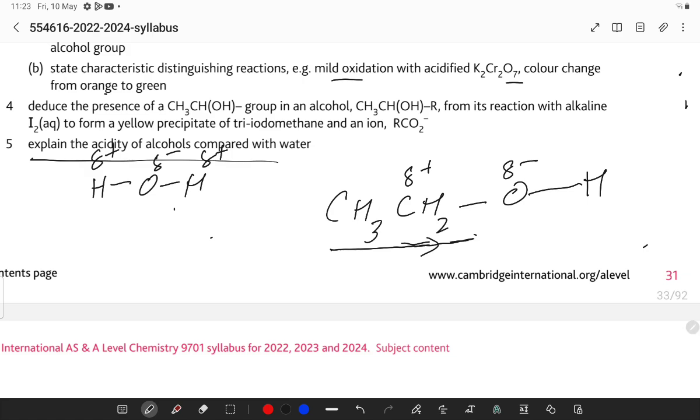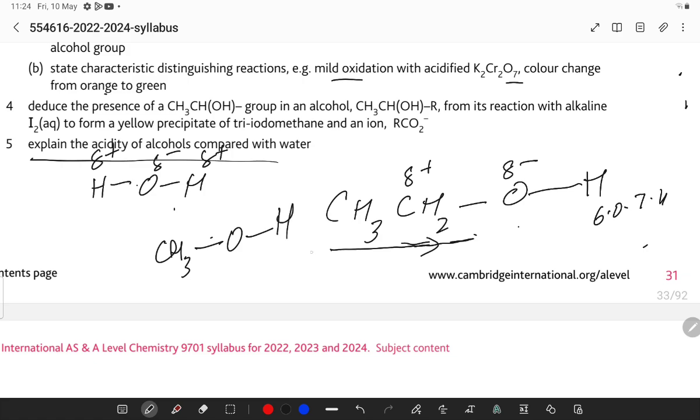But alcohols can vary in acidity depending on the type. For instance, ethanol, the type of alcohol found in beverages, is slightly acidic with pH around 6 to 7.4. It is less acidic than water. But if we compare methanol, methanol can be more acidic than water because there is less alkyl group, CH3OH.